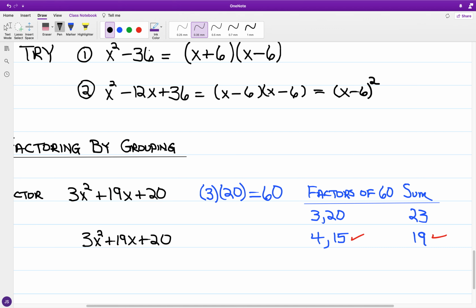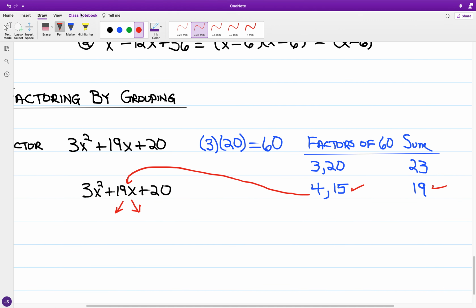Since this is the combination, 4 and 15, and it doesn't matter what order you place them, in terms of how the 4 and the 15 are going to be used, they're going to be x terms formed upon splitting the first order variable term in the middle.